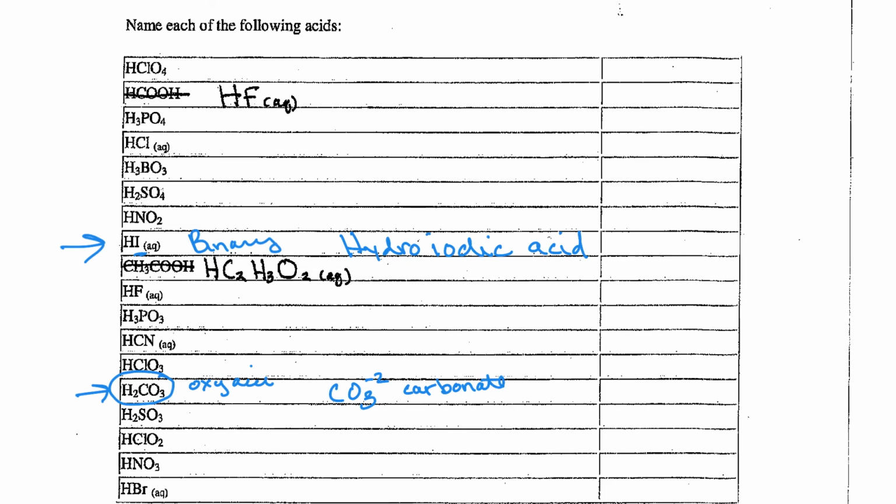That's carbonate. And so I'm going to follow the rule for oxyacids. An ate is going to become an ic. And so this is going to be carbonic acid. This is hydroiodic acid. All right, so hopefully that helps, and I'll see you in class.